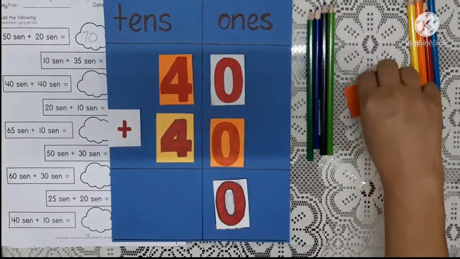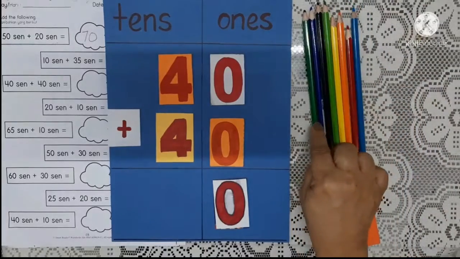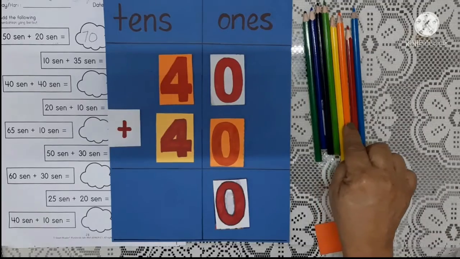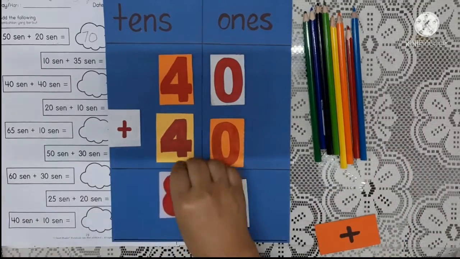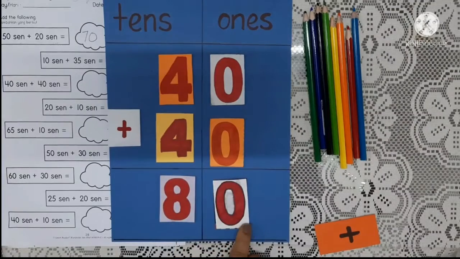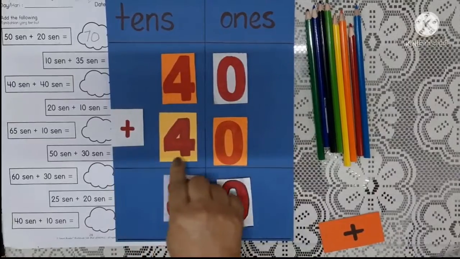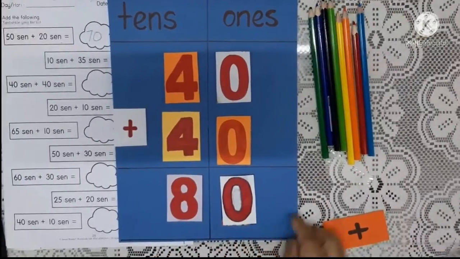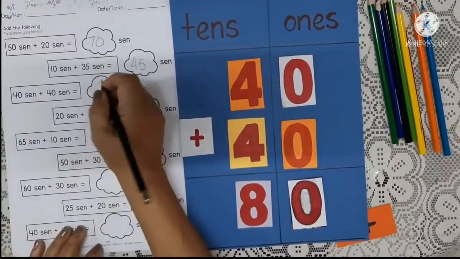Okay, now let's bring them together and count the total. 1, 2, 3, 4, 5, 6, 7, 8. So what number is this? 80. So 40 plus 40 equals to 80. Now let us write it down.